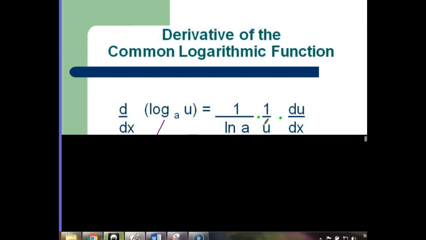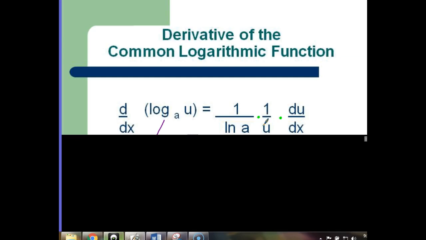So, isn't this kind of just a product rule? 1 over ln a is a number. So it's the first times derivative of the second. We just said derivative of ln u is 1 over u, plus the second times derivative of the first, but the derivative of a number is 0. That is how this becomes that.